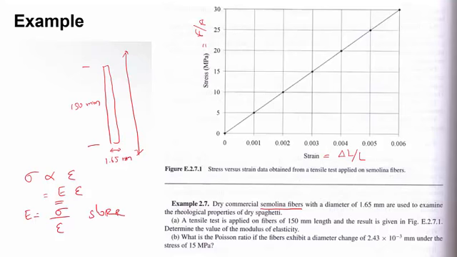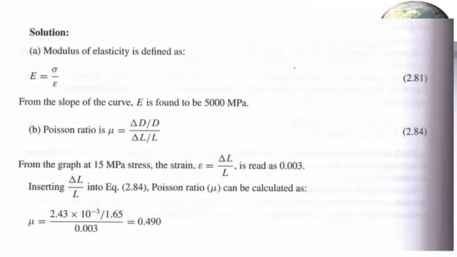If you look at the slope, it goes from 0, so you can take this value. This is 20, this is 0.004. Therefore, E equals 20 megapascals divided by 0.004, which is 5000 megapascals. So that is the first answer.